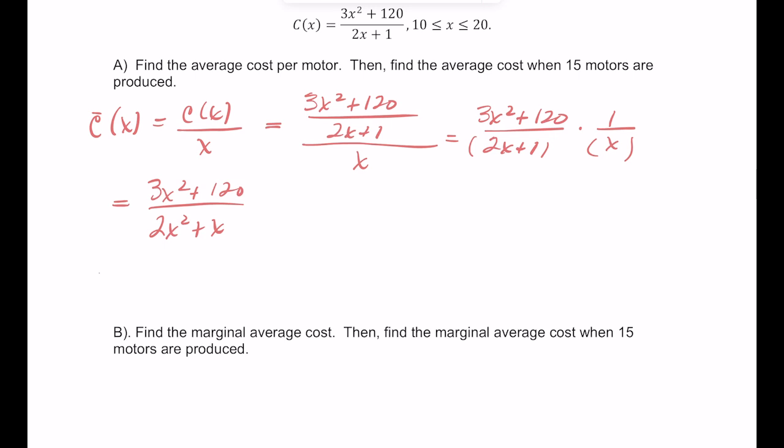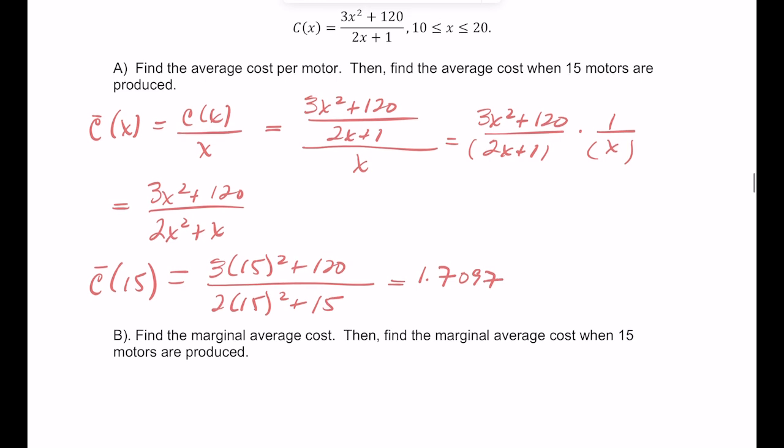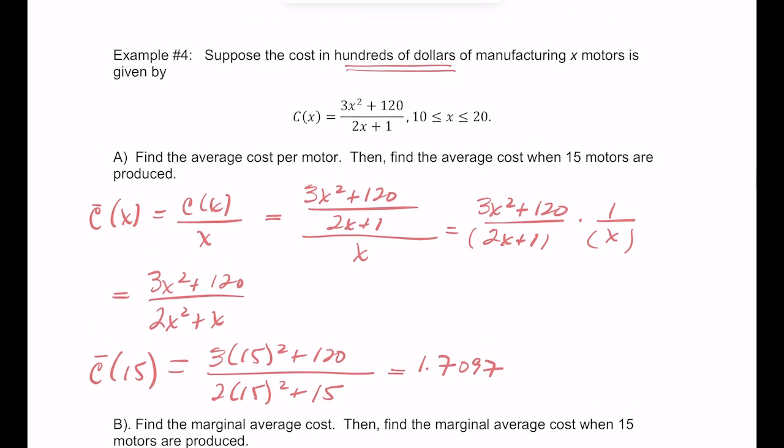So now I need to find the average cost when 15 motors are produced. So I'm just replacing x with 15. So it's just going to be 3 times 15 squared plus 120 over 2 times 15 squared plus 15. And when you work all of that out, you get about 1.7097. And remember that this is in hundreds of dollars.